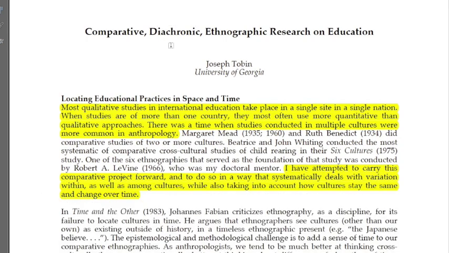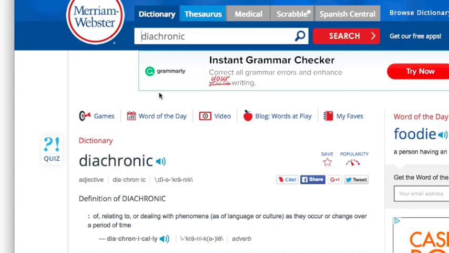Well, let's first look at the word diachronic. Merriam-Webster Dictionary defines it as relating to or dealing with phenomena, language or culture, as they occur or change over time.